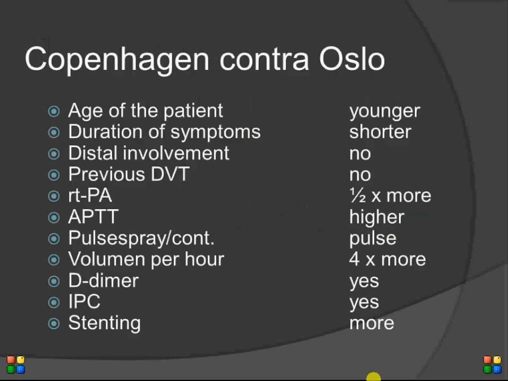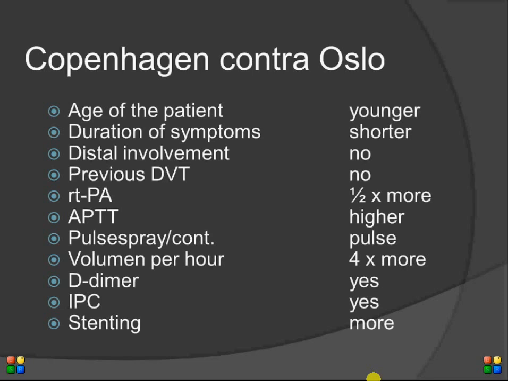And the last picture. What is the difference between the Copenhagen experience and the Oslo experience? Our patients are younger and we have a shorter duration of symptoms. Many of the Oslo patients have 3 or 4 weeks of symptoms, and many of these patients in Oslo have distal involvement and previous deep venous thrombosis.